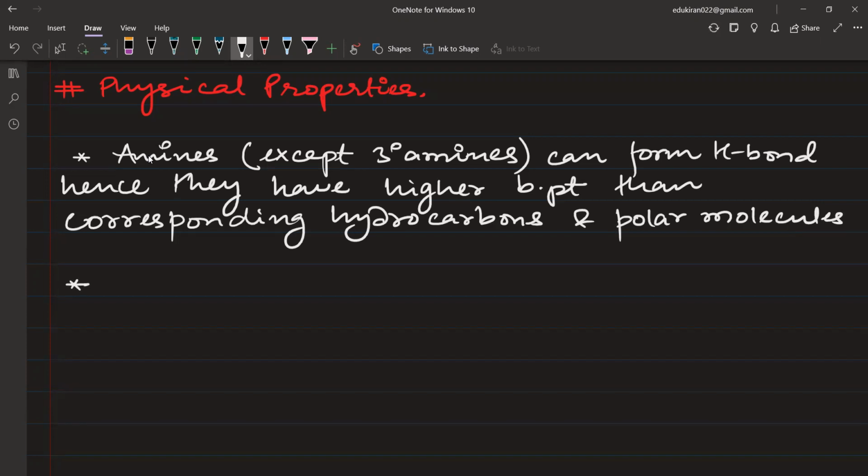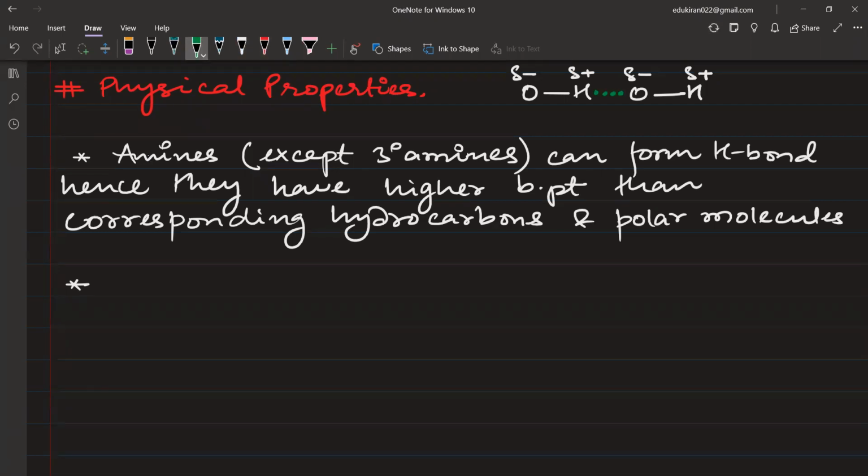But if I compare amines to alcohols and carboxylic acids, they can also form hydrogen bonds, but those hydrogen bonds are stronger than those of amines because of the higher electronegativity of the oxygen atom. If you have OH here and OH here, one will have delta positive and the other delta negative. Hydrogen bond is a kind of dipole interaction only. Because of the very high positive charge on hydrogen and very high negative charge on oxygen, they interact with each other.